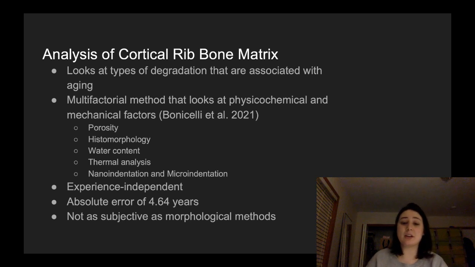That's a pretty good range for age estimation, though obviously it's not exact. It is not as subjective as morphological methods; similar to the ISCAN method, it's quantitative. It's really looking at empirical evidence rather than subjective observable traits.